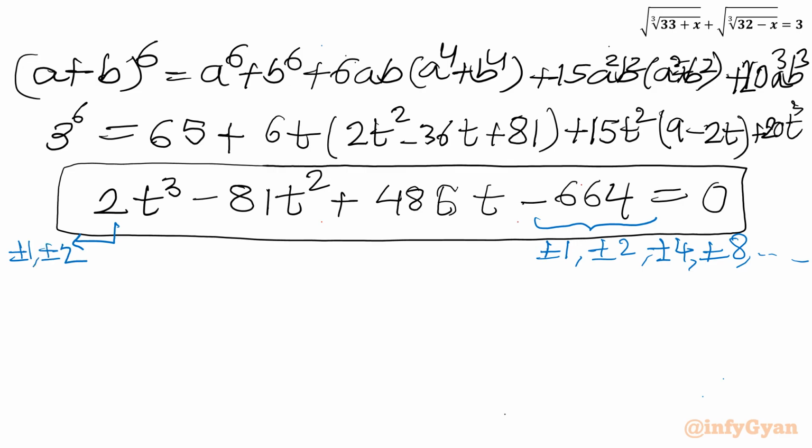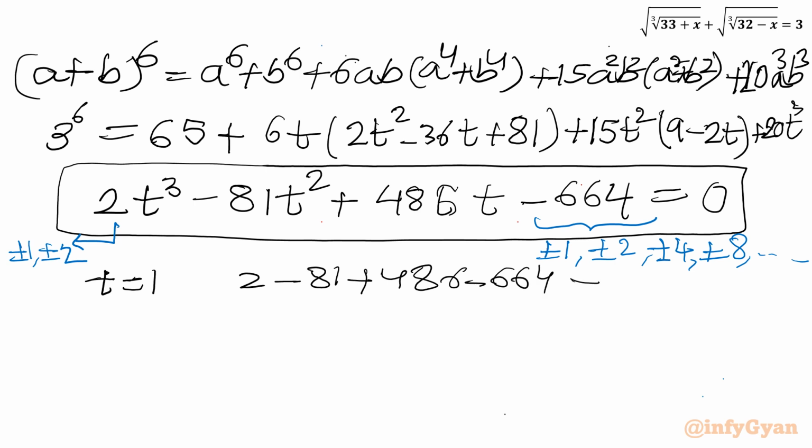Now we have to consider the ratio. In this series, I will plug in t equal to 1, the very first value. Will it satisfy? No. 2 minus 81 plus 486 minus 664. No. If I will apply t equal to 2.